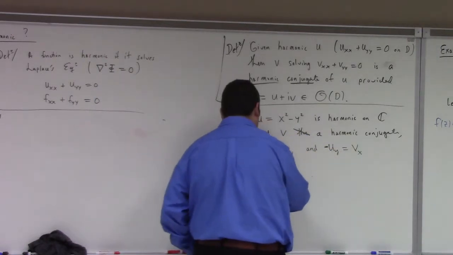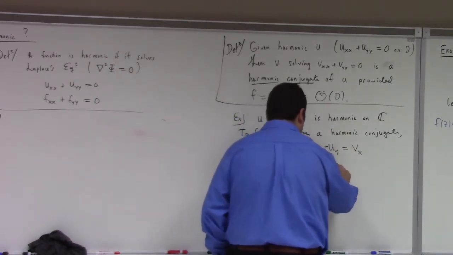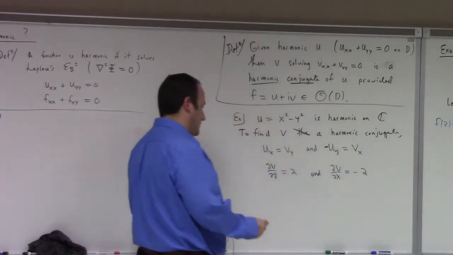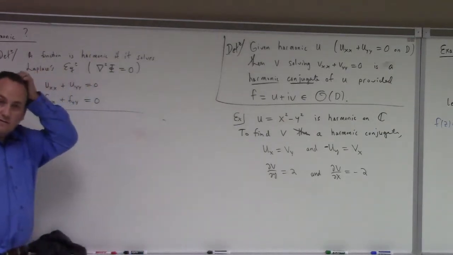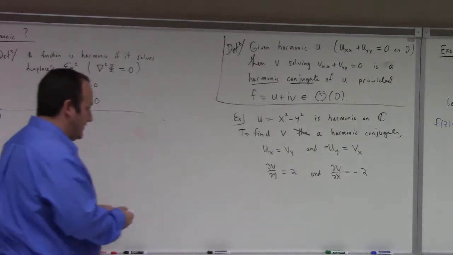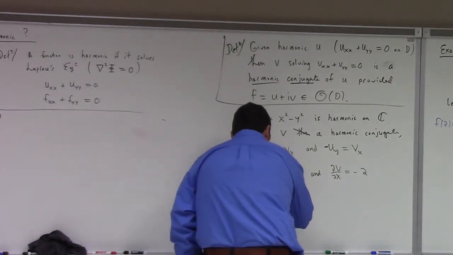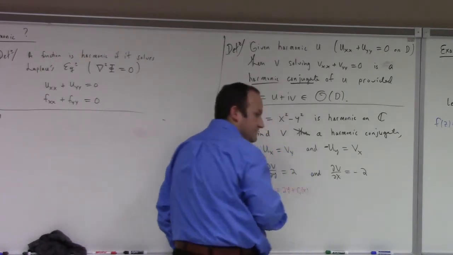So basically, we're trying to solve partial v, partial y equals 2, and partial v, partial x equals minus 2. So you do the same thing you do in calculus 3. You can partially integrate them with respect to x and y respectively, adding constants, which are possibly functions of the other variable. Partial integration says that v is equal to 2y plus some c1, which is possibly a function of x.